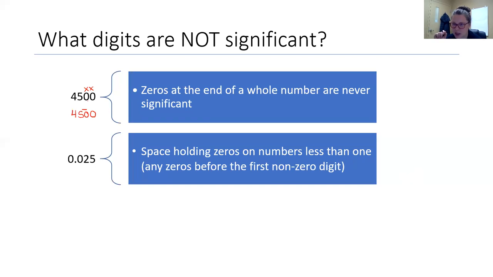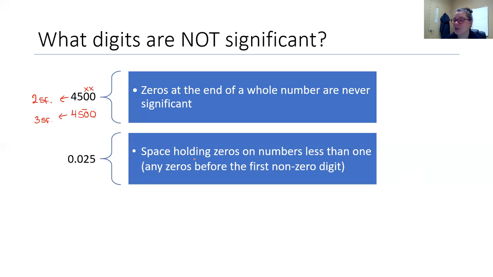It's a precise 0. It's not like it's been rounded off. So that would be another way of showing that. But in the first one, this one only has 2 sig figs. I'm going to say SF instead of writing it out each time. If I write it like this, that would give me 3 sig figs because of the little line on top. Now, I don't think Sam will let me put a little line on the top, but that would be one way of showing it. So just in case you're wondering.